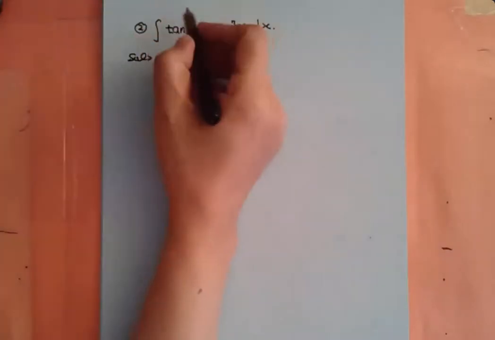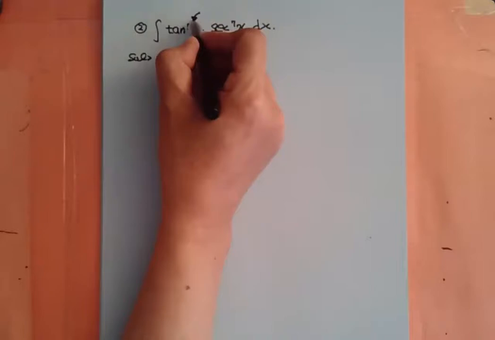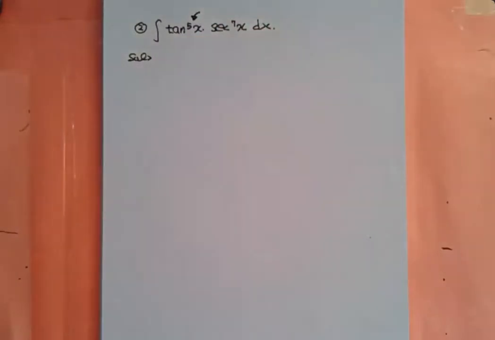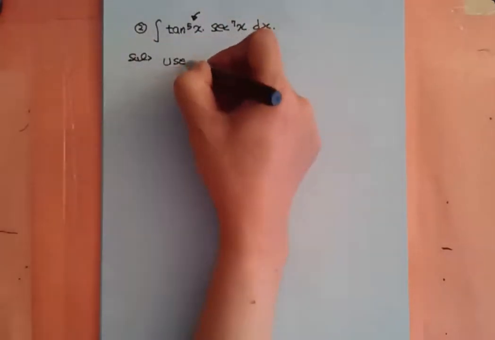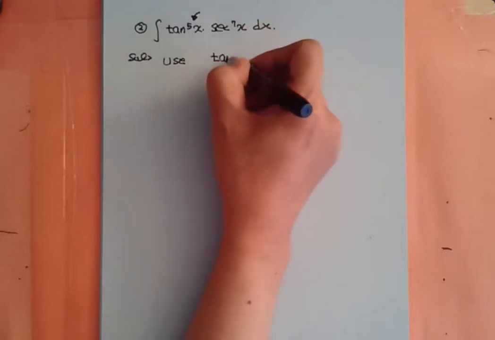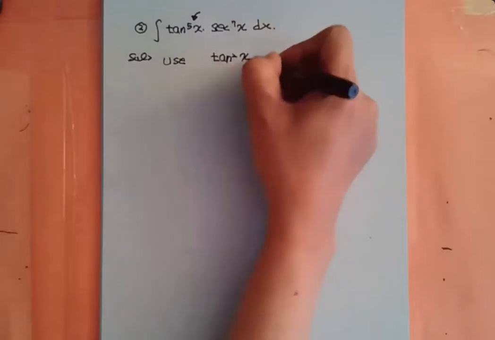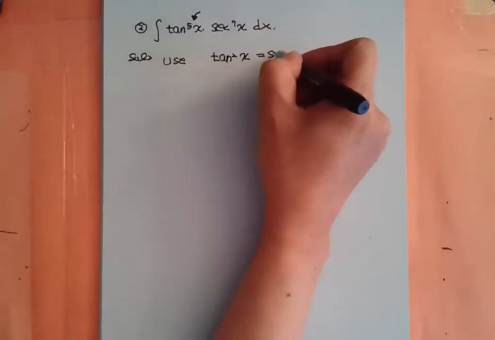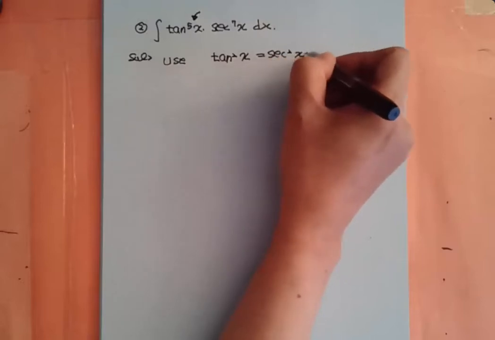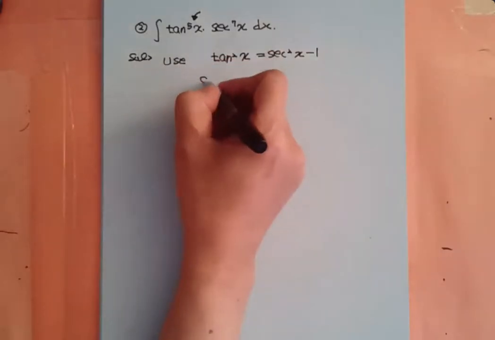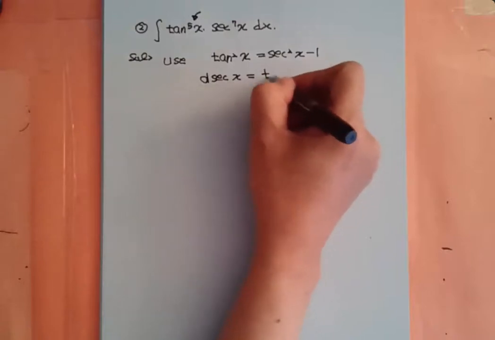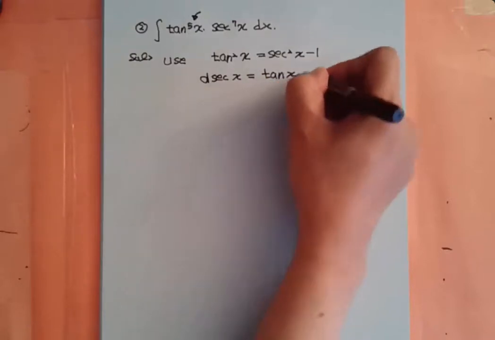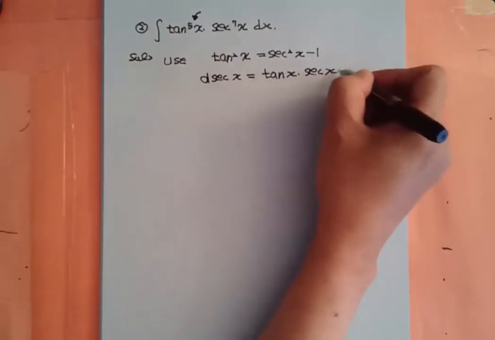If you look at the pattern, there is an odd power with tangent. So we will use tangent squared of x equals secant squared of x minus 1, and d secant of x equals tangent of x times secant of x dx.